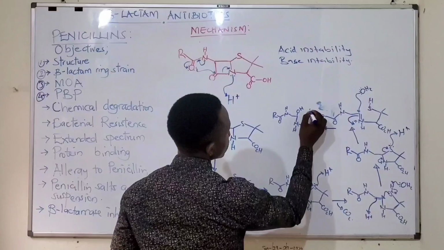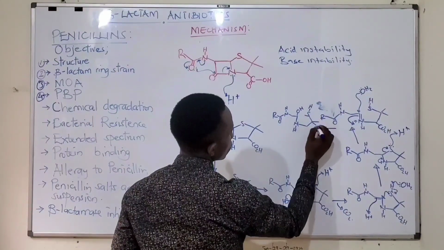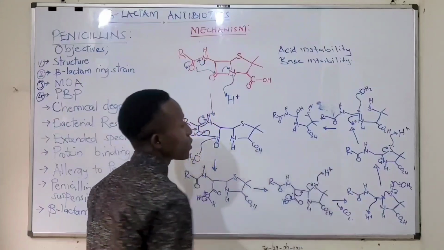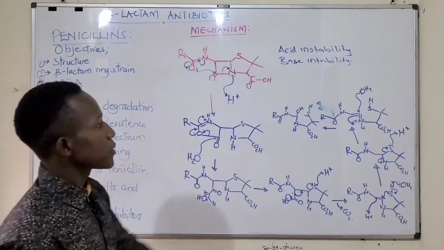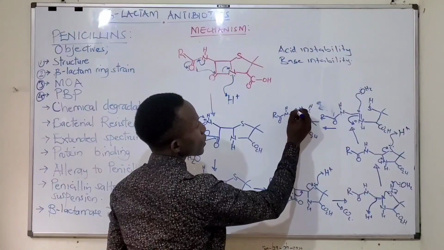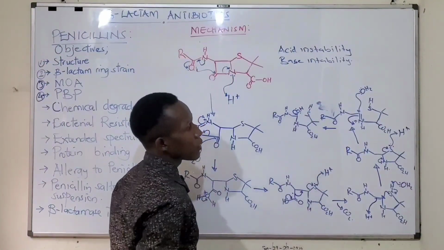So our SH will be there and CO2H. This oxygen has a pair of electrons, so it forms a bond.